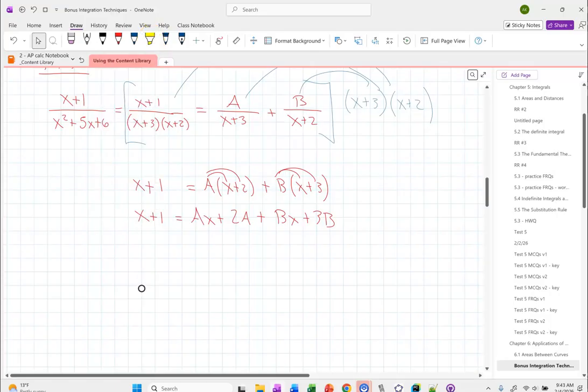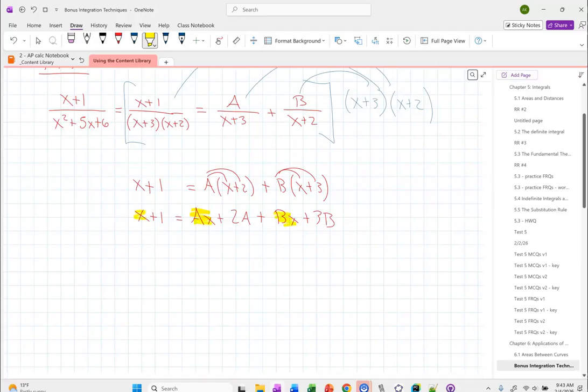Now let's think about what we have here. So somehow when I add AX and BX, I have to get just X, right? Everybody agree with that? Because those are all the like terms. So then I can just say that A plus B has to equal the leading coefficient on the X, just a 1. That all feel good?